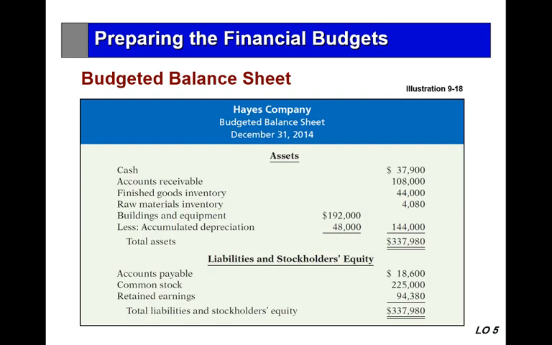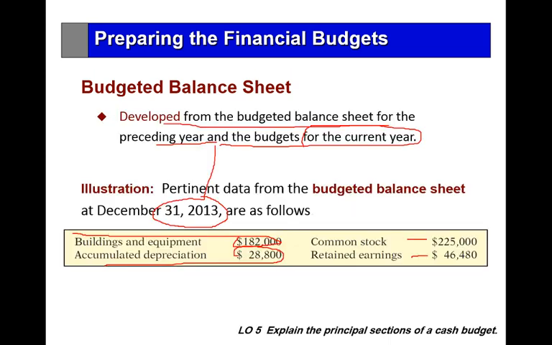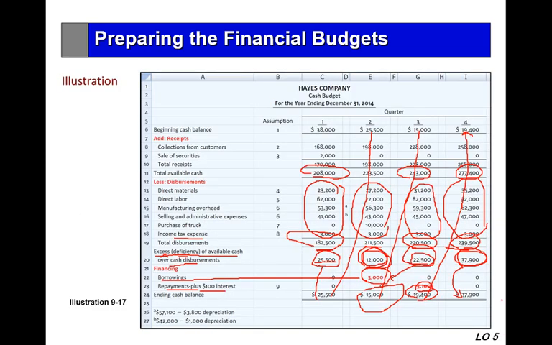Then if we go here to the budgeted balance sheet, we have the cash balance expected to be on the 31st of December 2014 to be 37,900. From where? From the ending balance of quarter 4.